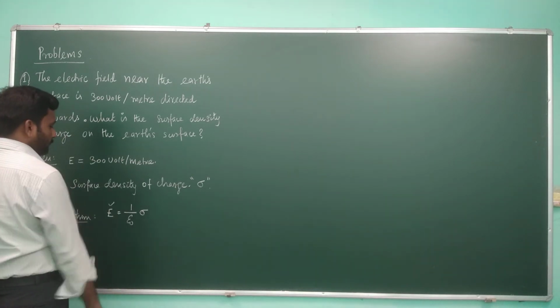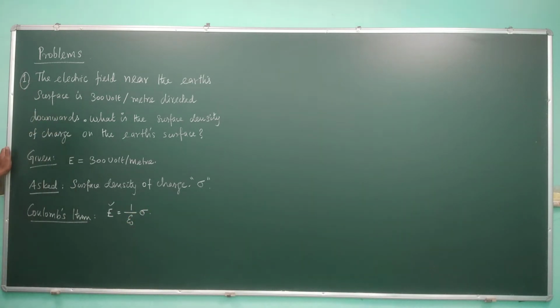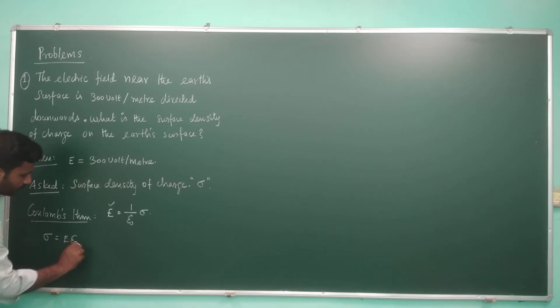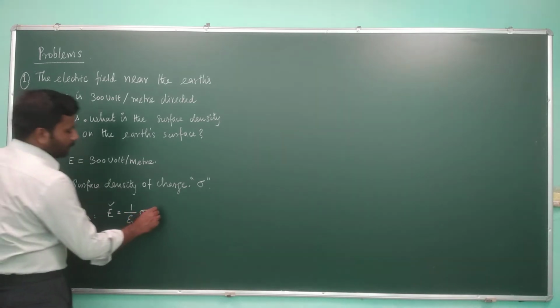We are given E. We are asked to calculate sigma. So, we can rewrite this equation as sigma equals E times epsilon naught. But what is epsilon naught?